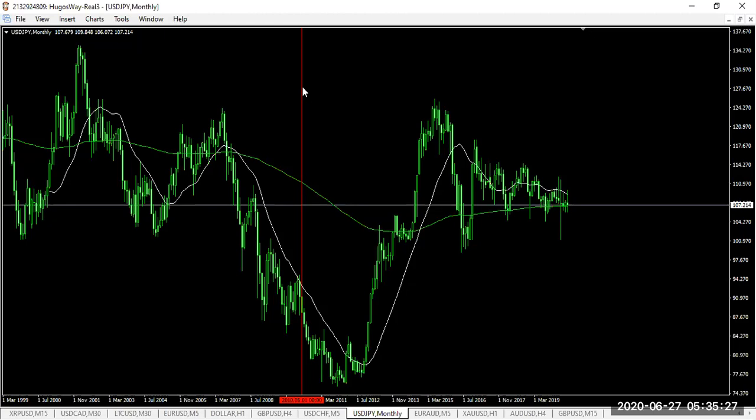Now on the right hand side, as you see, we see price that has crossed over the 21 moving average, but is now bouncing on top of the 200 moving average. That is also signifying a reversal and bullish momentum entering the market.